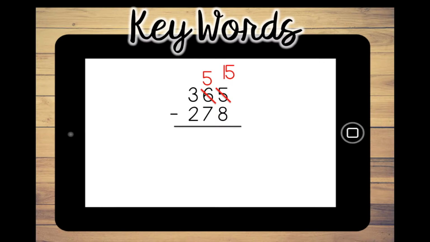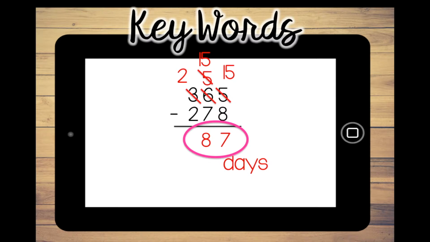Now we can do 15 take away 8 is 7. 5 take away 7. Can't do it. We're going to have to borrow again. So we're going to go to that 3 and make it a 2. And then we're going to cross off that 5 and make it a 15. Now we can do 15 take away 7 is 8. 2 take away 2 is 0. So we get 87 days. If you got 87 days, you are correct.